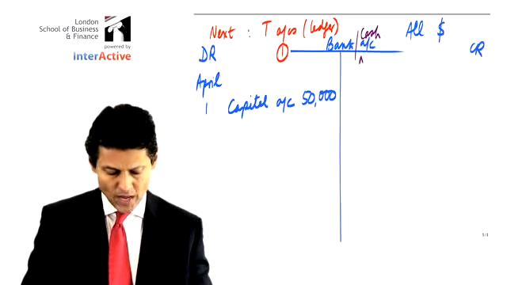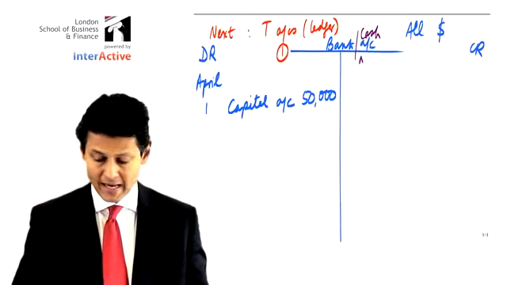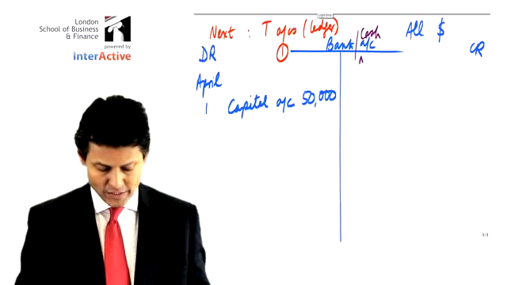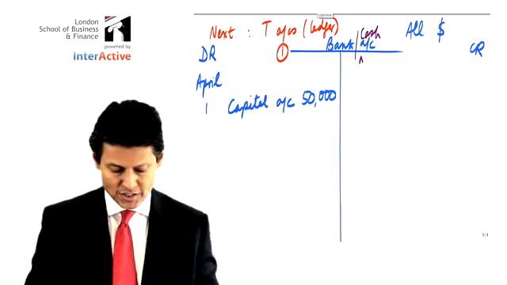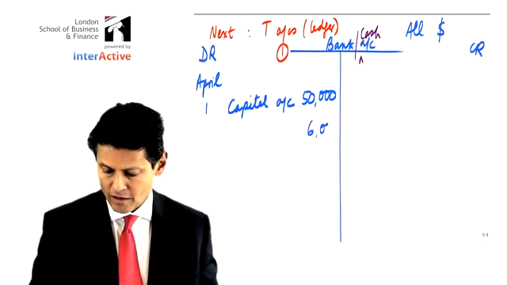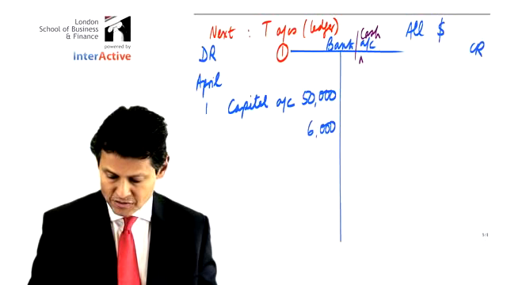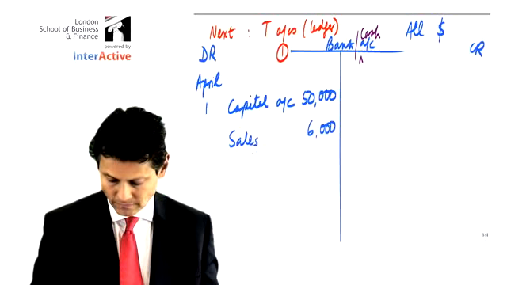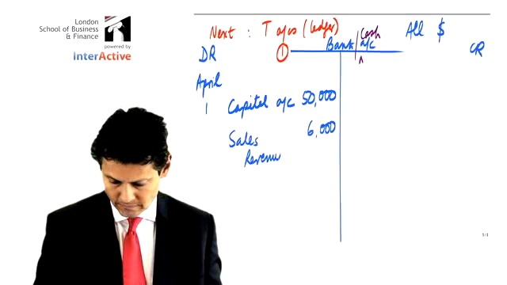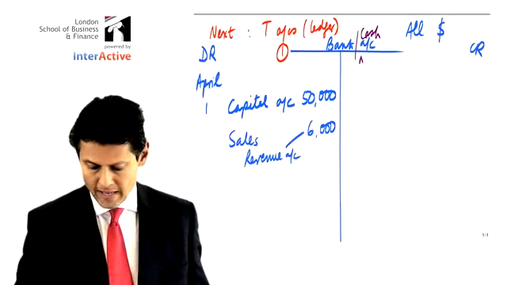Looking at this particular one, we're going to say debit cash, which is the same as bank, and credit sales revenue. So as you'd imagine, the figure of 6,000 turns up on the debit side of the bank or cash, and we shall refer to sales revenue as 6,000 there.